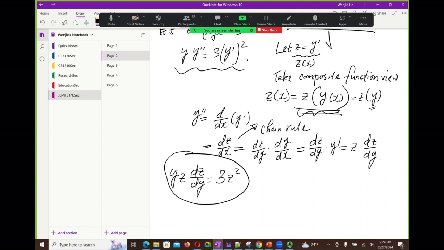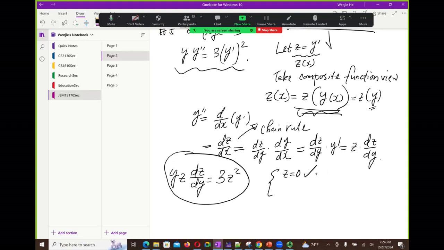Let me say a few more words here. To solve this one, can you cancel out z on both sides? You can, but before you do the cancellation, you need to take z equals 0 to see if it's a solution. Is z equals 0 a solution? Yes. So keep this solution.